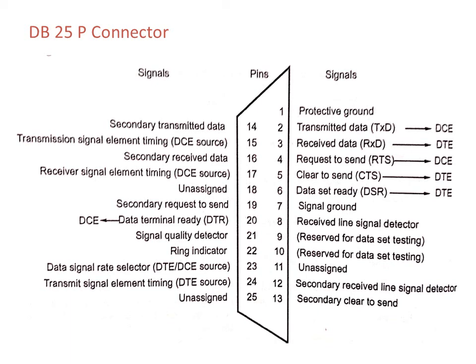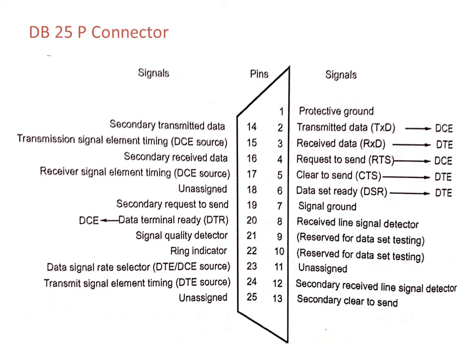Pin number 8 is received line signal detector. Pin numbers 9 and 10 are reserved for data set testing, mainly for testing purposes. Pin number 11 is unassigned, used for future operations. And pin number 12 is secondary received line signal detector.